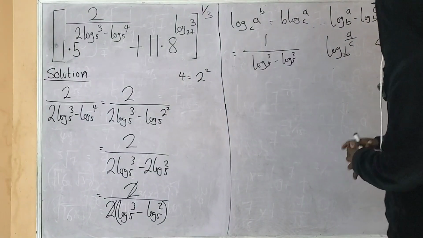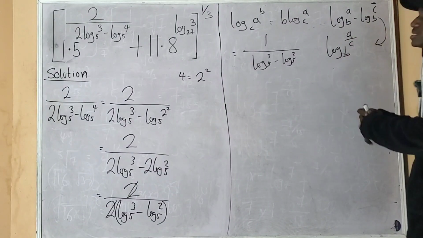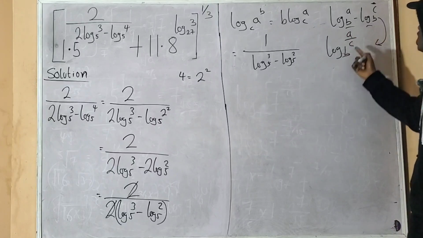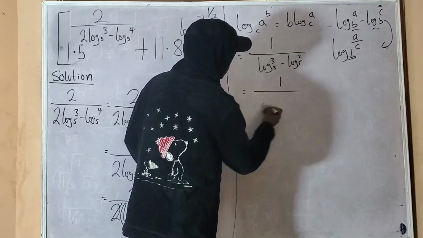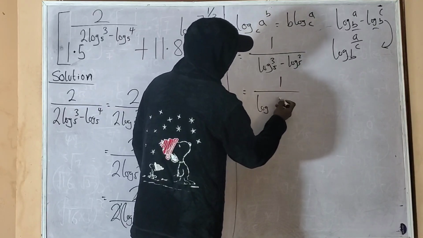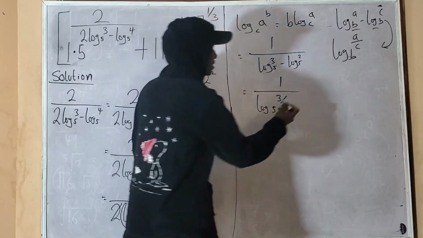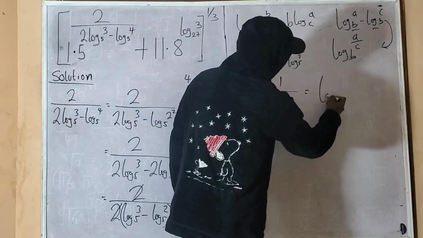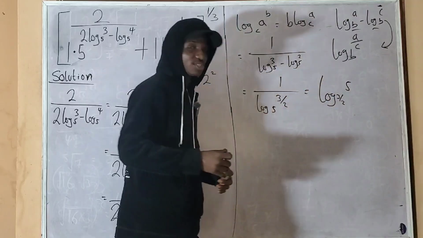When you have the difference of logs, the result will be the ratio, and because the bases are the same, what you're going to have is log base 5 of the ratio of 3 and 2. So here we have 1 over log_5 (3/2), and this can be written as log_(3/2) 5 using the change of base formula.